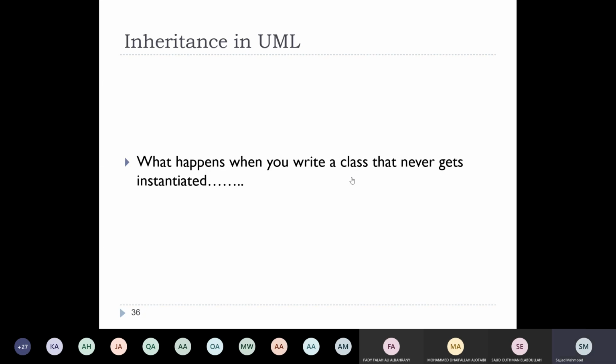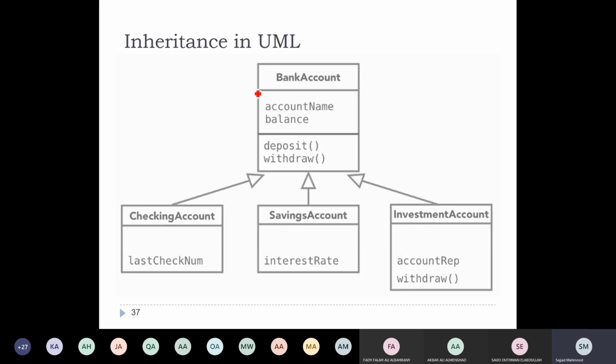There is a type of class that we can define when we want to use it, so we don't have to create an instance of it, like for buttons or something like that. Exactly. So basically, as you said, bank account, and then you have checking account, savings account, and investment accounts.